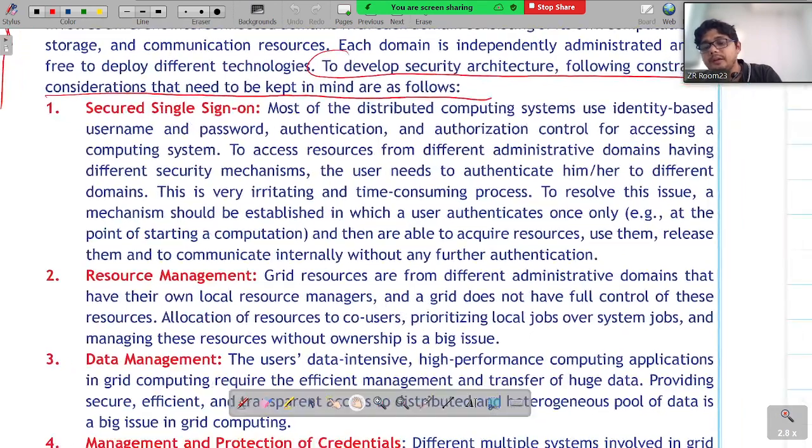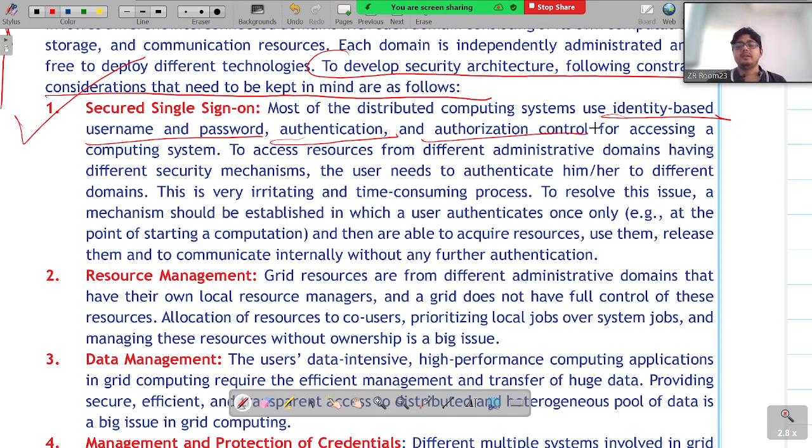Tick mark this point: secured single sign-on. Most of the distributed computing systems use identity based username and password. Underline: identity based username and password. Authentication means verification.